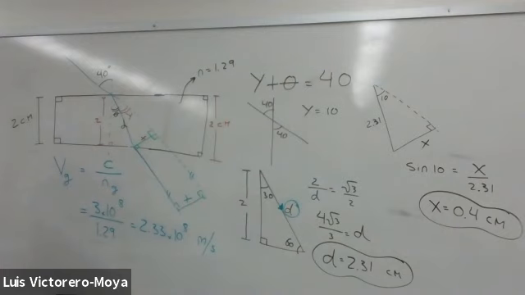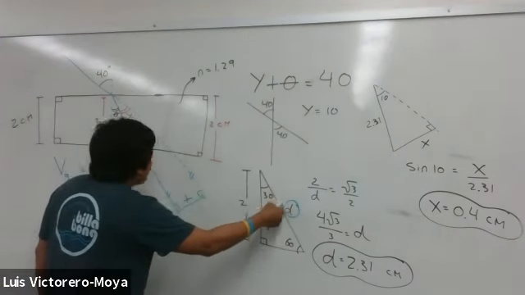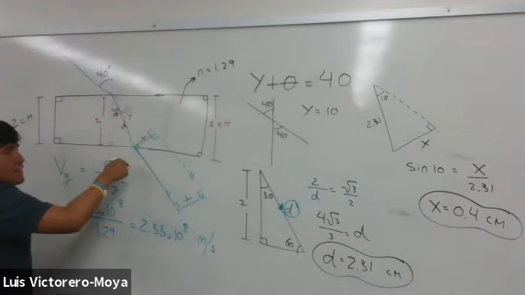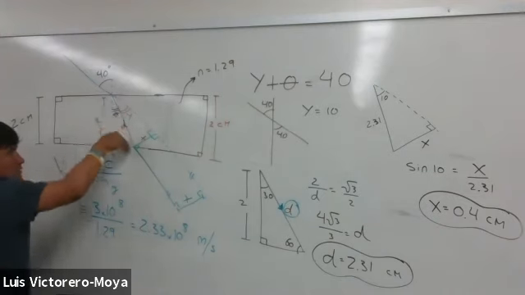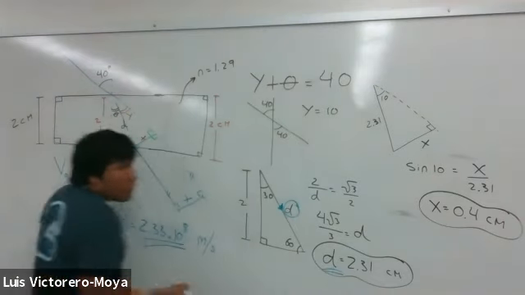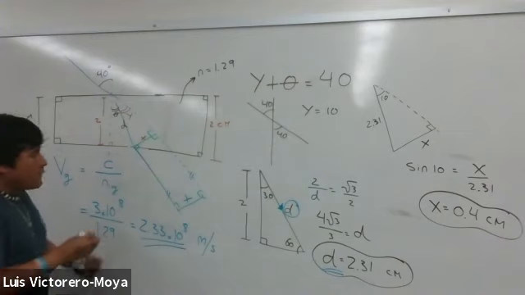And then they want you to find how long it takes for this light to travel this distance. So how long does the light take to travel inside the block? You have the speed, you have the distance. What do you use? Distance over the speed, right?